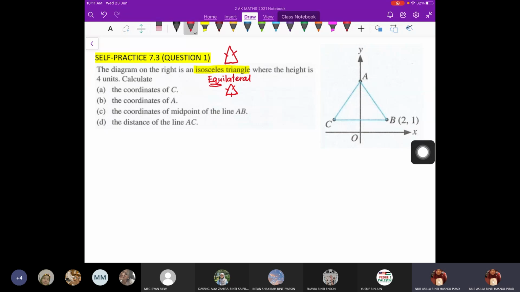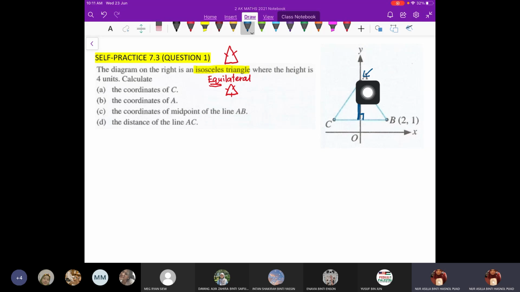So always remember as well, height must be from the vertex, which is in this case adalah A. Vertex dia mesti pergi ke base dan membentuk 90 degrees. That side is what we call as height.